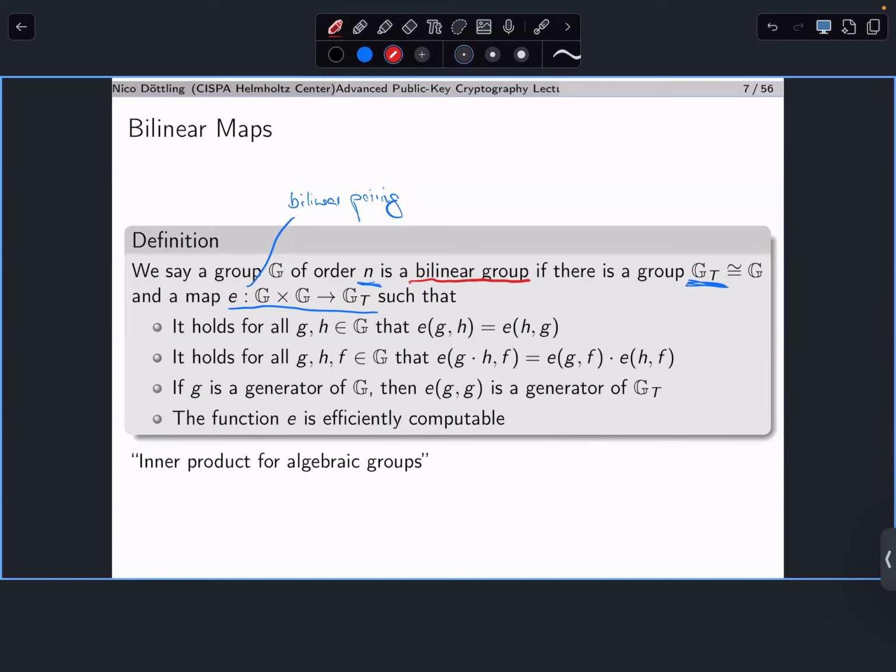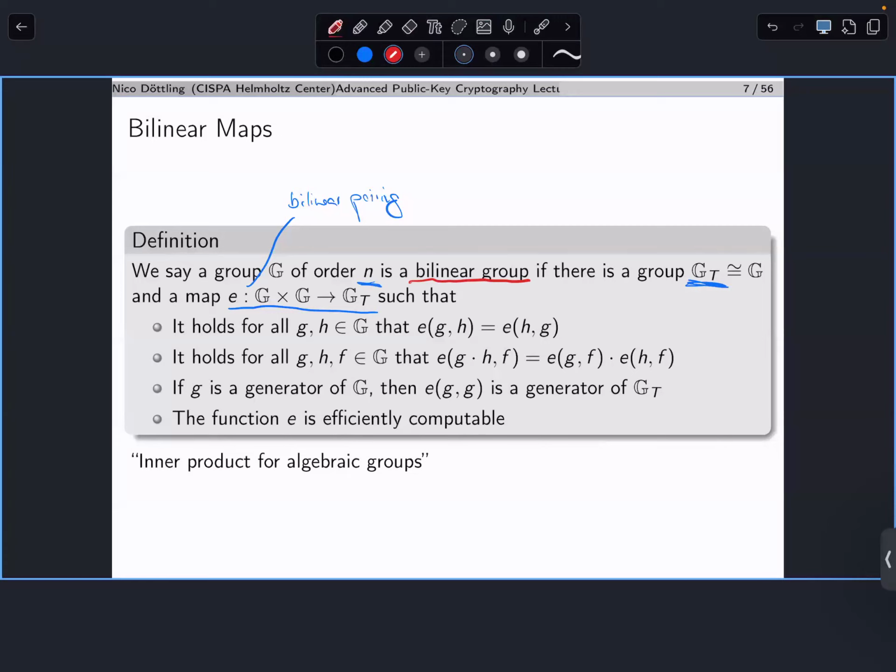But we say that a group G is a bilinear group if there exists a group GT, which is isomorphic to G. There is some isomorphism between these two, but their representations are not the same.